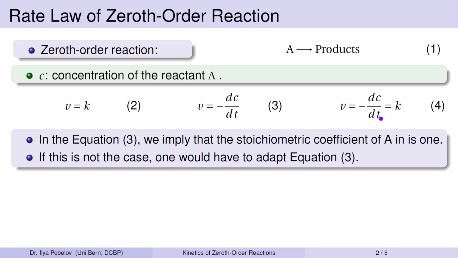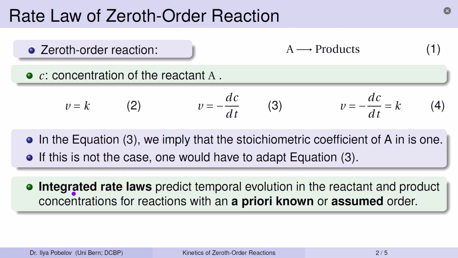It is a differential equation that describes how the reactant concentration C changes over time. To find out this dependence, we need to integrate this differential equation. By doing so, we obtain a so-called integrated rate law, in this case for a zeroth-order reaction.